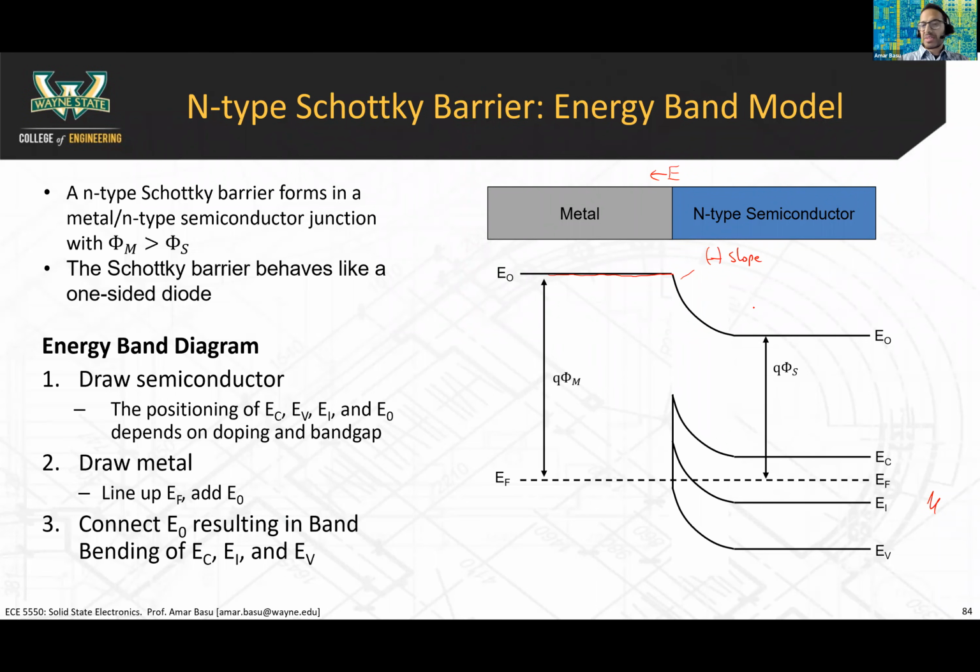And guess where the electric field comes from in a semiconductor? The hint is it's identical to a diode. Can anyone guess what this region might be? Depletion region. The depletion region, yeah, exactly.